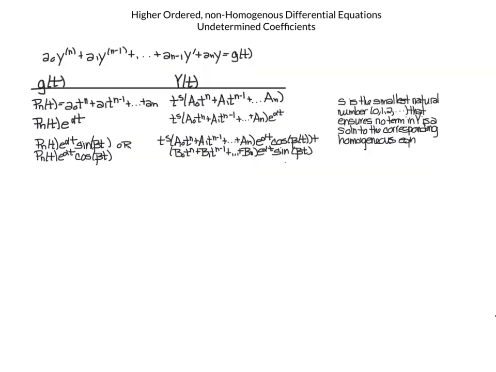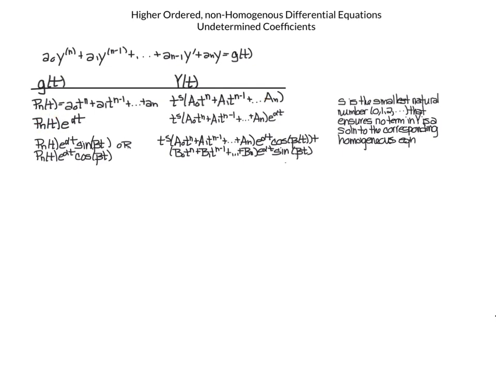To review what we did in this video, we solved higher order non-homogeneous differential equations using undetermined coefficients, and this was the table we used. If our g of t over here was of a polynomial form, then our particular solution to the non-homogeneous equation would also be a polynomial form.